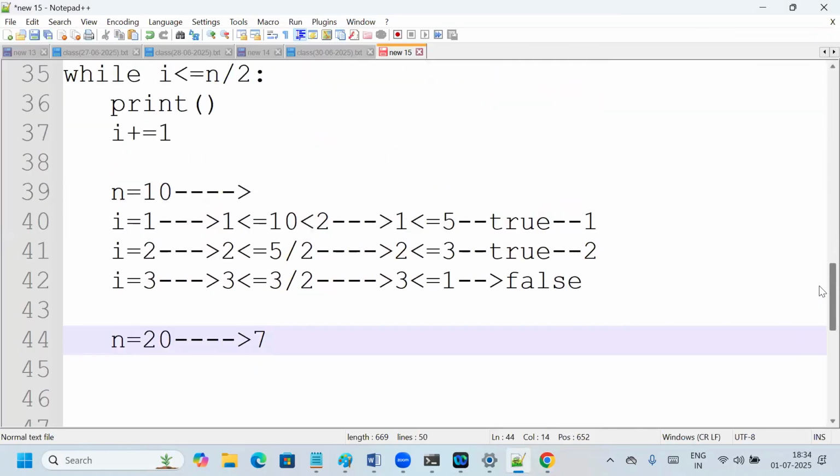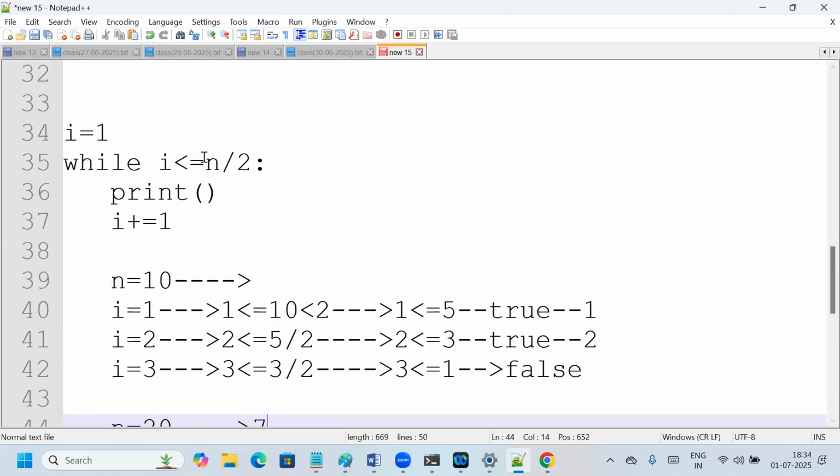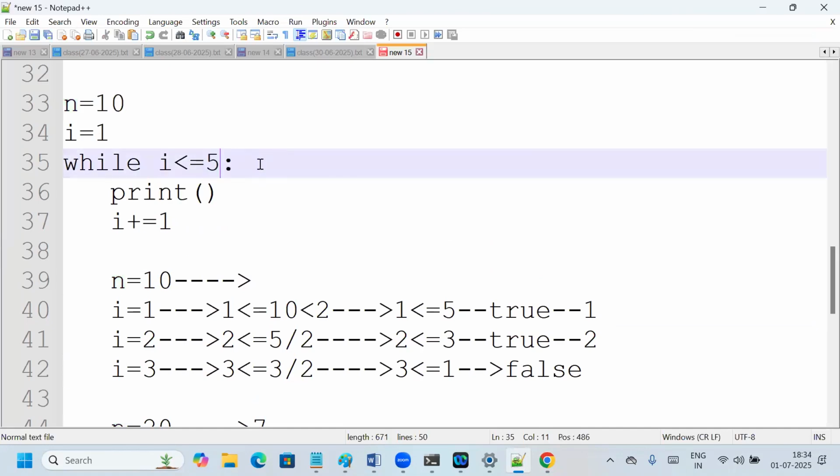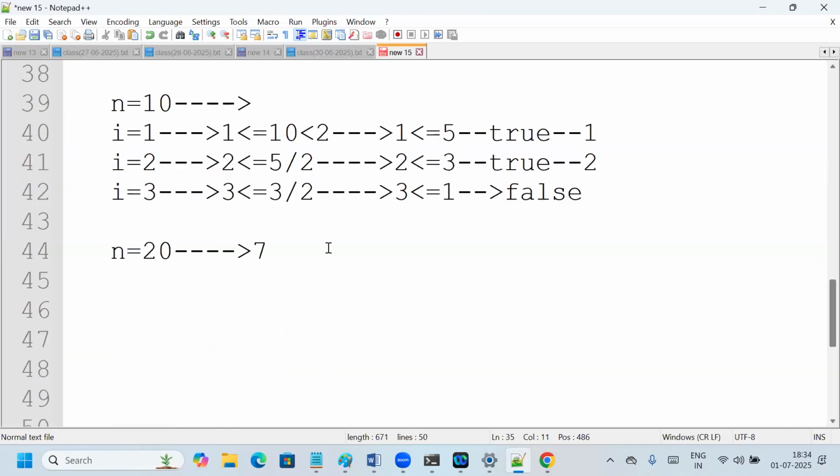So what I'm trying to say, guys, is that if you take the above case, every time I'm not dividing the n value. Initially, if you declare n equals 10, it will be 5 only every time. Why would it divide n by 2? Is there any mention that n equals n by 2 every time? No. So any value you give, it will execute up to n by 2 times only.